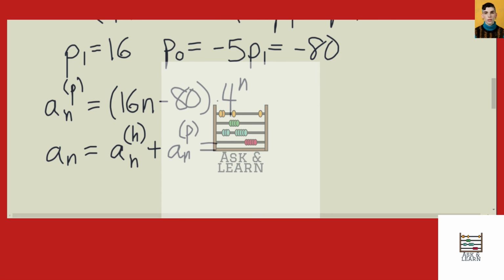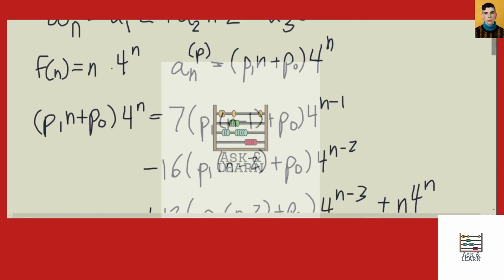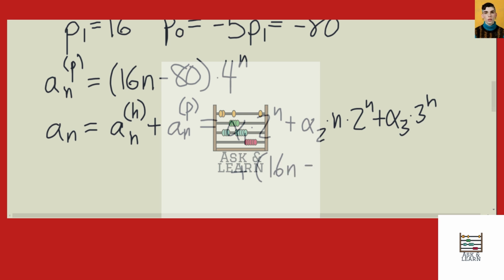And this gives us alpha 1 times 2 to the n plus alpha 2 times n times 2 to the n plus alpha 3 times 3 to the n. And then add to that the particular solution, which is 16n minus 80 times 4 to the n.